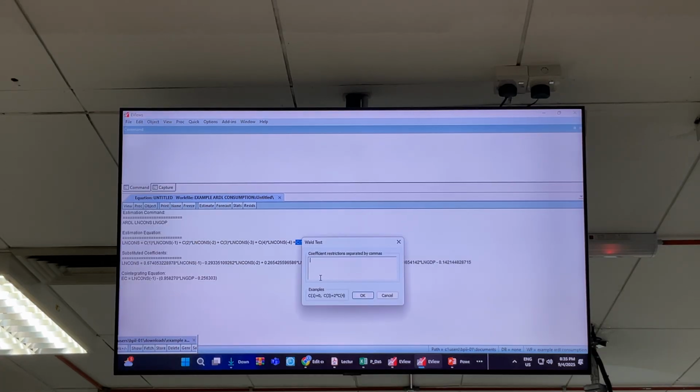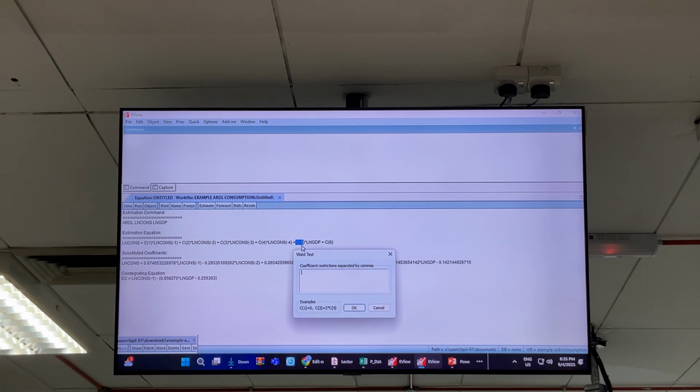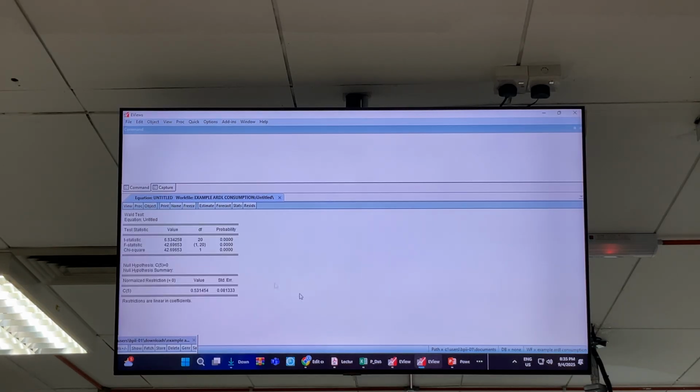Then here, I just invoke one, C5 only. So I just put C5 equals 0, because I only have one. If I have multiple, then I can include more. Is it significant? Yes, highly significant, because my Wald test is significant at 1%.